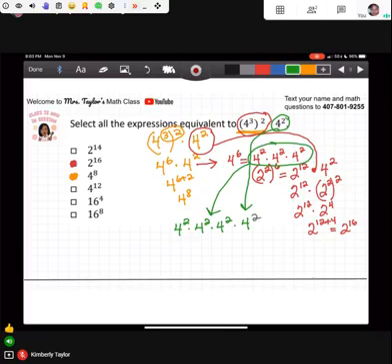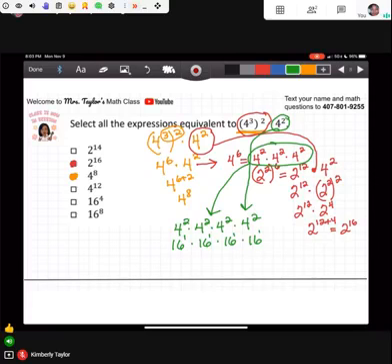Okay? Now what is 4 squared? 4 squared is really 4 times 4. What's 4 times 4? It is 16. So I can rewrite these as 16 times 16 times 16 times 16. Each one of the 16s has an exponent of 1. Okay? So now I can say, well, they have the same base.